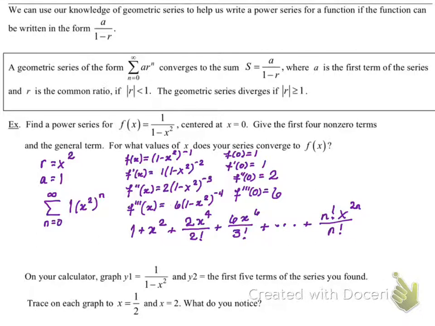If you look at all of these terms, you will see that the numerical terms actually cancel out each and every time. So we actually have a fairly simple series in front of us. And this series converges when the absolute value of r is less than 1.